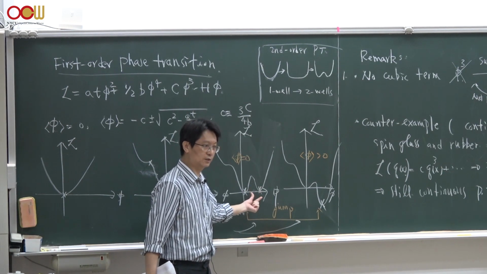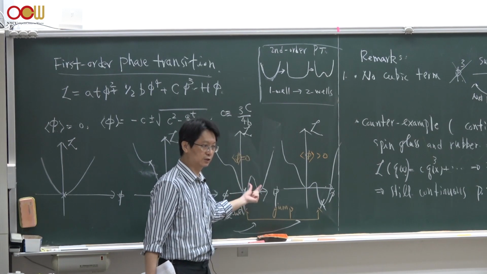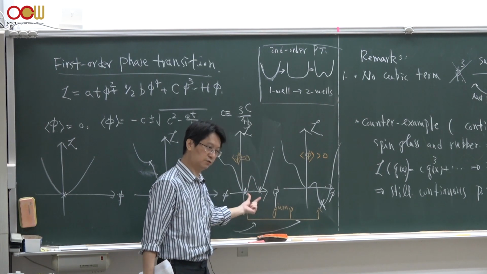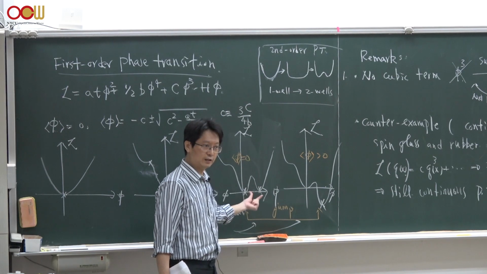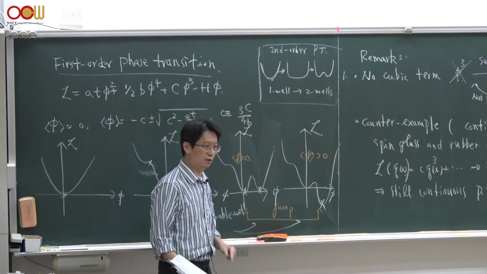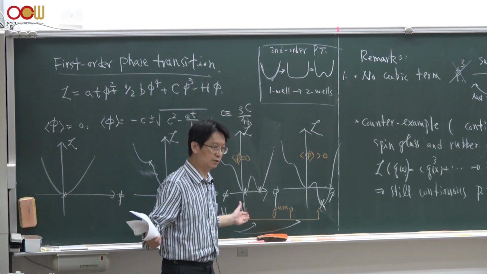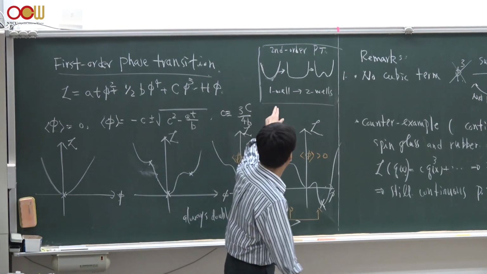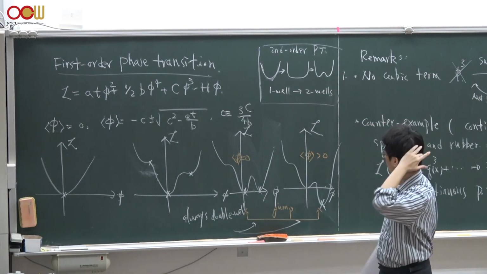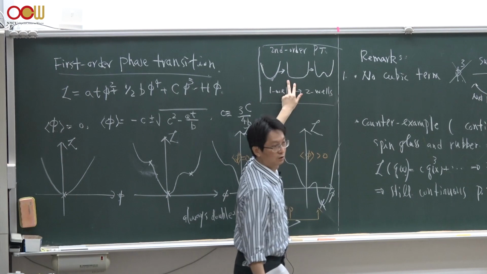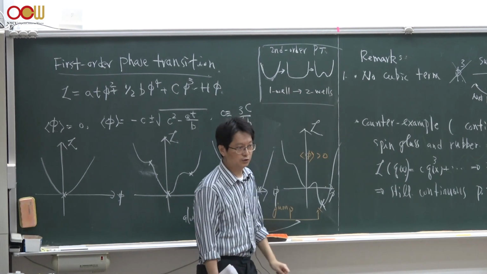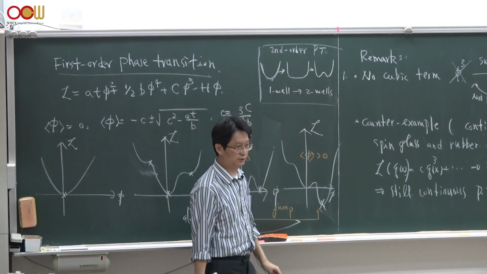No, you cannot, because the distance between this double minima is always fixed. So that's why you get either 0 or finite; there's nothing in between. However, for the continuous transition, we go from the single well to the double well geometry of the Landau's free energy density.